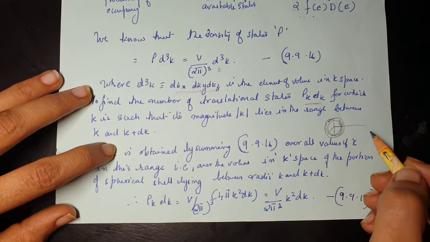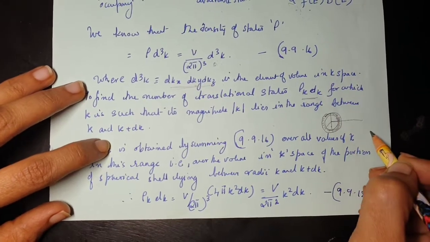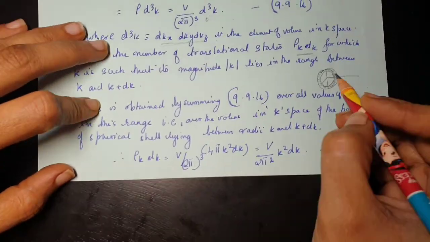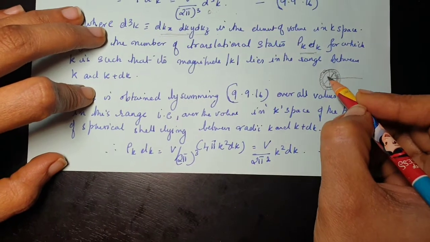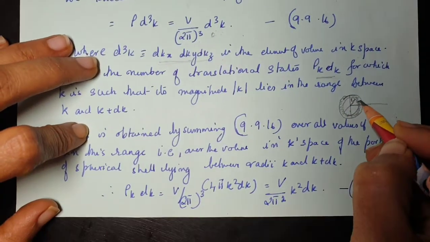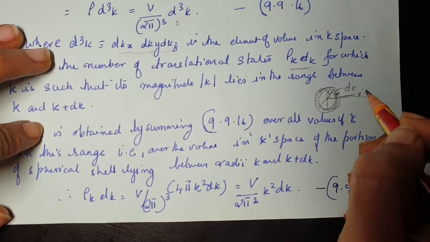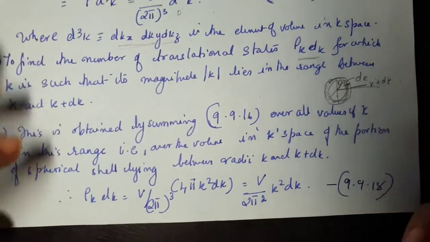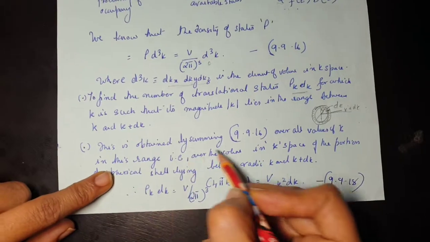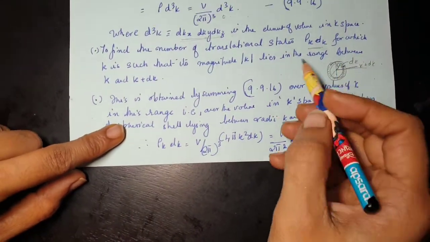This is nothing but the volume of a thin spherical shell. If this is K, and this portion is dk, then this is K plus dk. So this is how we can obtain this equation.